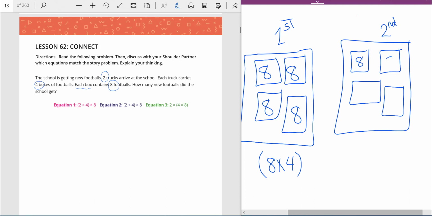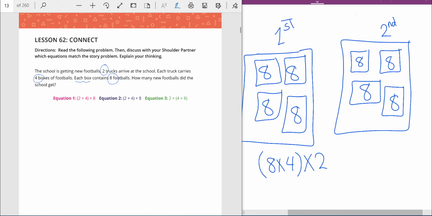The second truck has the same number of footballs, so we have 2 trucks times 2. Now look at the equations. How many footballs did the school get? Equation number 1: 2 times 4 between brackets times 8.